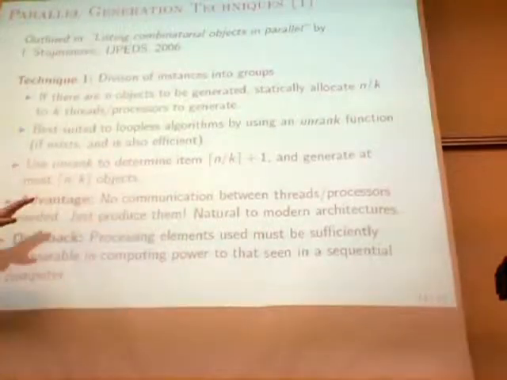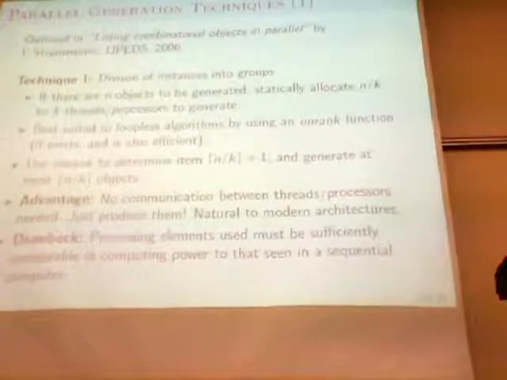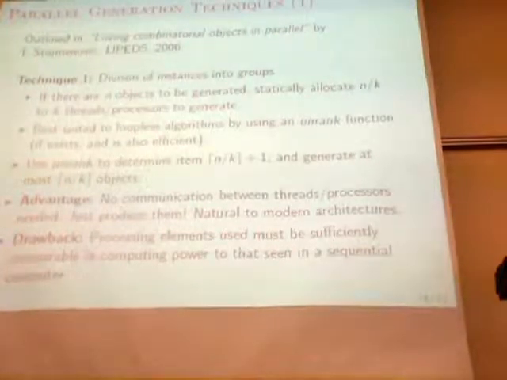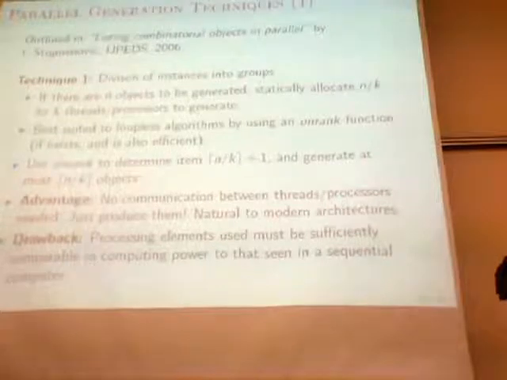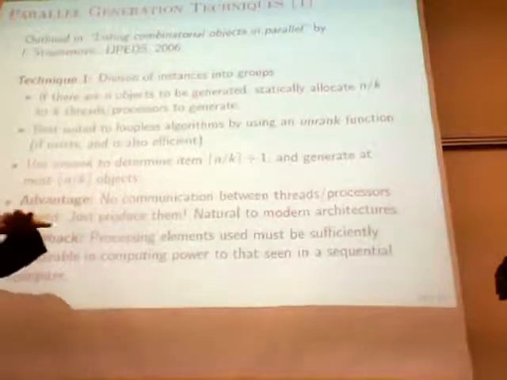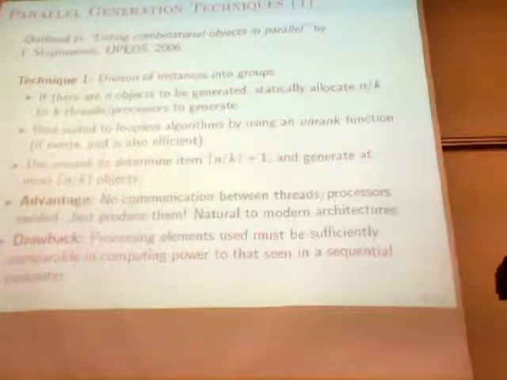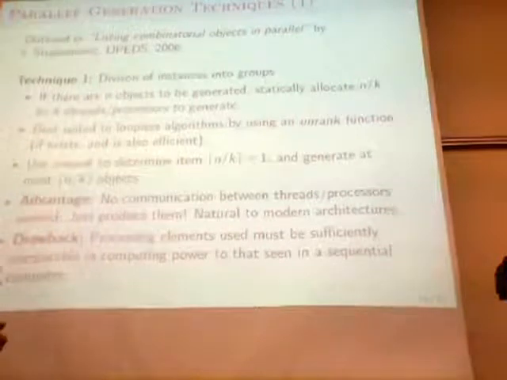You give each of them n over 8 objects to work on. As long as you can index and construct the object for that given point, that's all you need. If you can do it in linear time, then it's still a loopless algorithm, except now it's parallelized. Each one takes linear time and then has constant succession, so it's a parallel loopless algorithm.